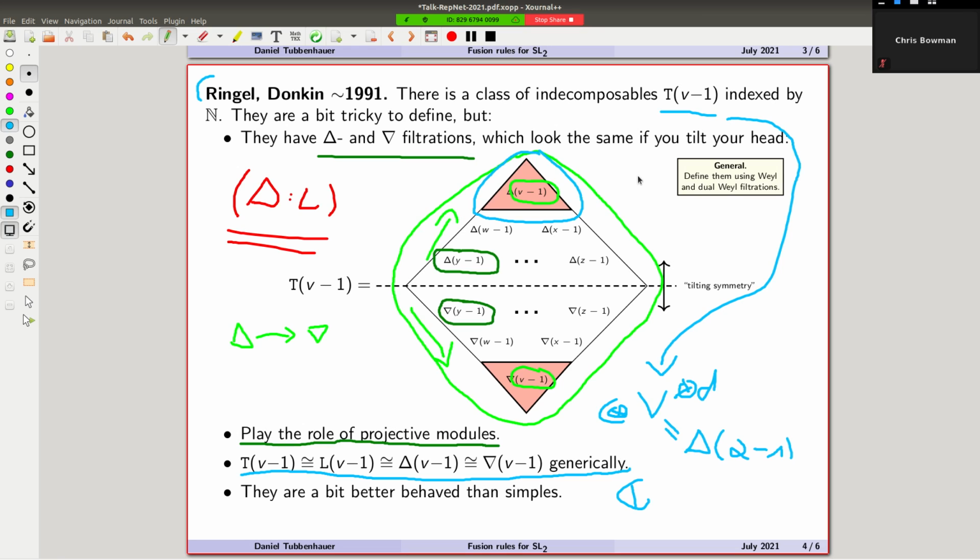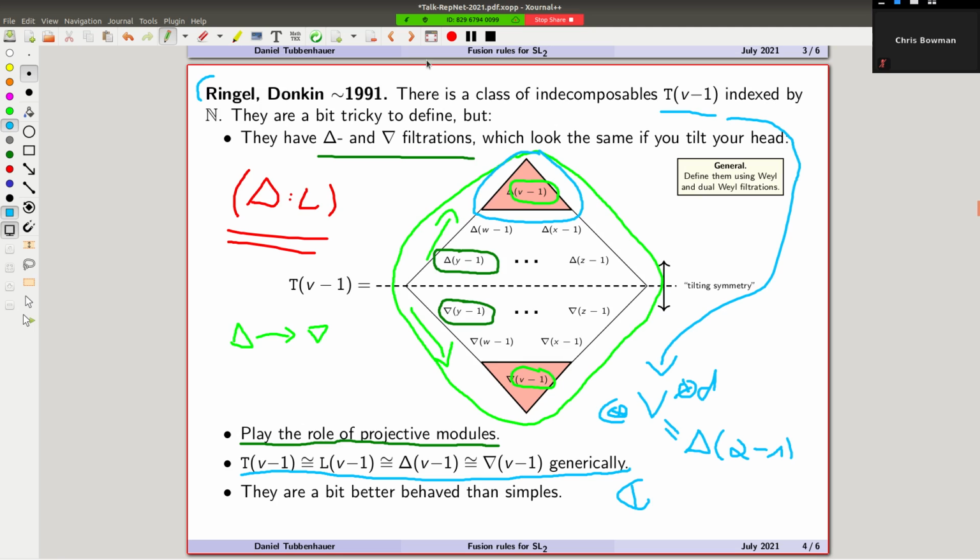All of them are the same. And this is what happens in the semi-simple case. So in the semi-simple case, all tilting modules are delta modules, all delta modules are nabla modules, which are the dual delta modules. All delta modules are simple, and all categories just coincide, and they're all the same. But in general, they're not. The tilting module is big, the delta module is in between, it's kind of a standard module, and the simple module is small. That's how you should think about them.